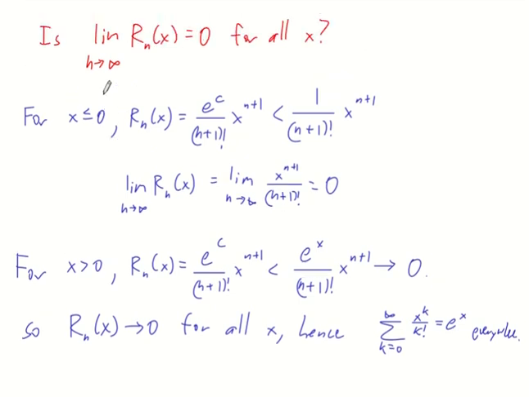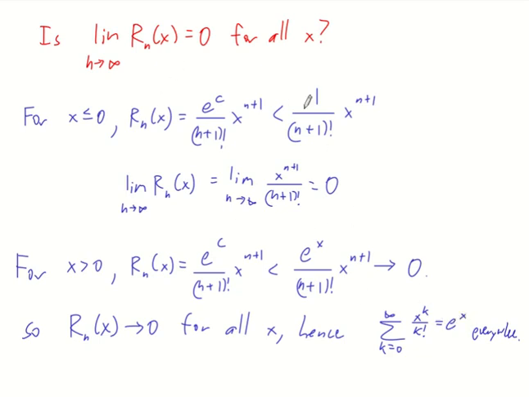So the way we looked at it was we looked at the limit of those remainders, right? The limit of this remainder was 0 when x was negative. The limit of the remainder was 0 when x was positive. So for any value of x, since the remainder goes to 0 in Taylor's formula, that means that the Taylor series must converge for every x value.